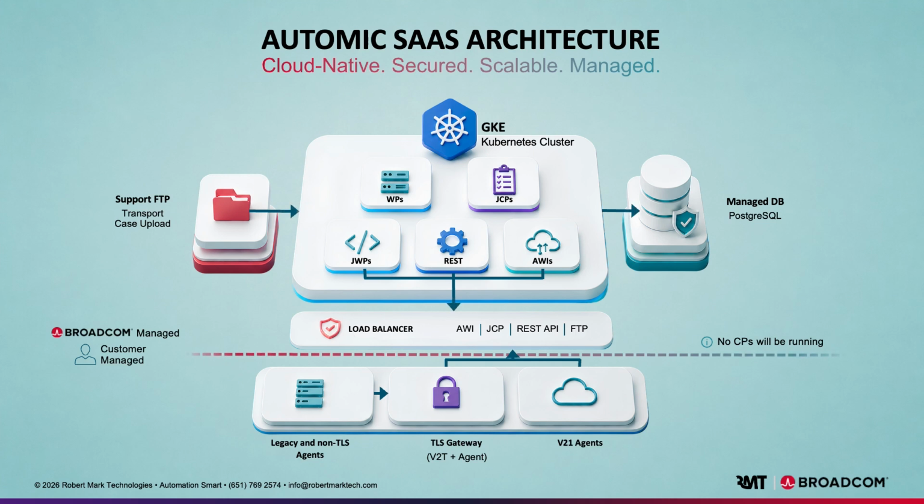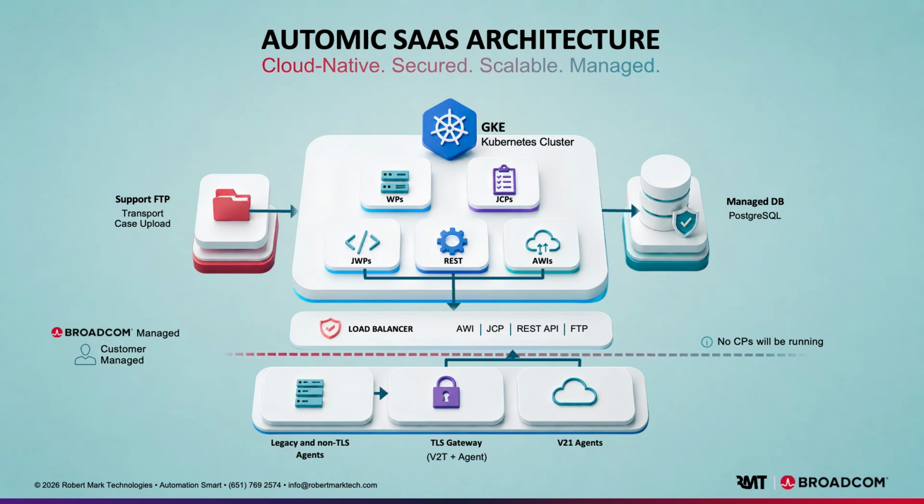The main shift between SaaS and on-prem is that with SaaS, you're going to have this management layer that Broadcom manages themselves. So what does that include? Well, let me just make a few quick point outs here. That includes the Kubernetes cluster, which has all the main processing units inside of that cluster itself.